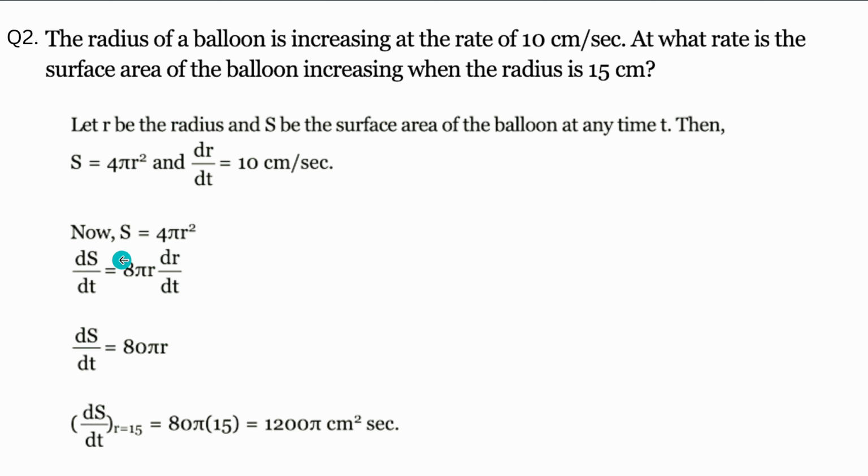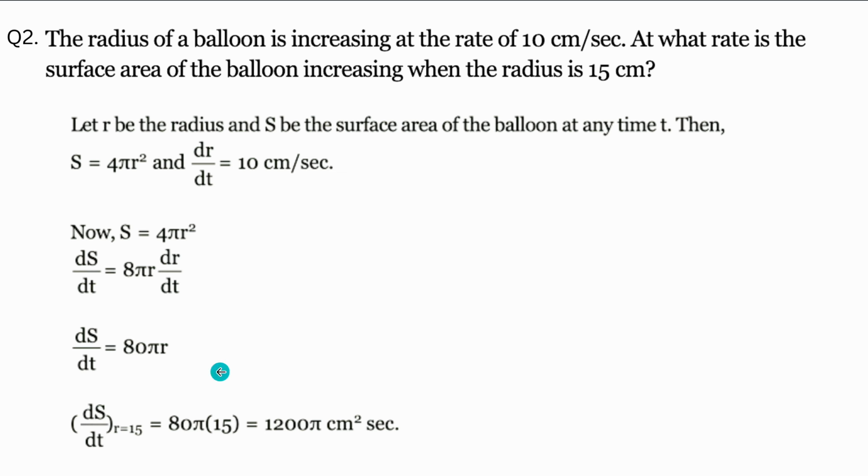Now we will differentiate the surface area with respect to time, and we get 8 pi r dr by dt. Now the value of dr by dt is already given to us, that is 10 centimeter per second. So we will substitute that, and when we do so, we get ds by dt as 80 pi r.